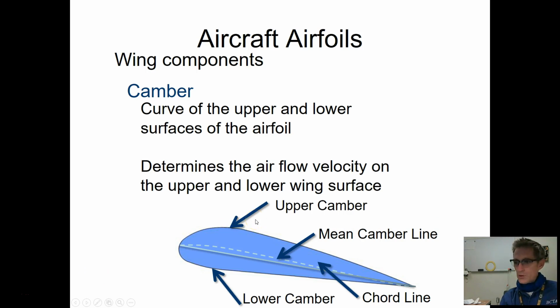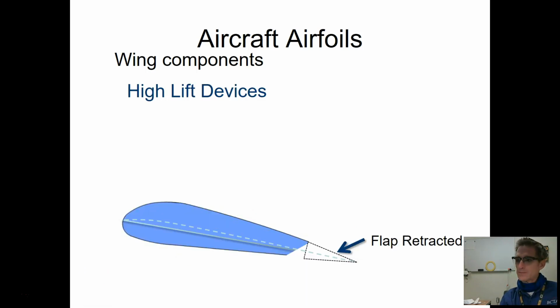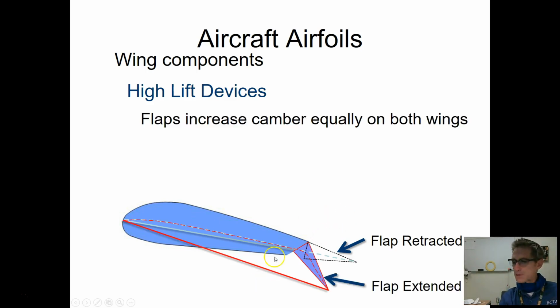There are ways to create extra lift on an airfoil. So we have a basic airfoil here, but this airfoil is not equipped with flaps. If I wanted to create more lift, I could lower the flaps, and when I lower the flaps, we're still talking about this camber. When I create flaps, you can see it creates a larger camber area.